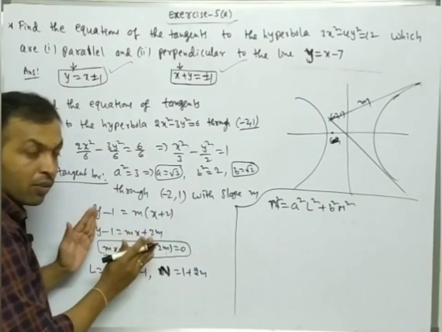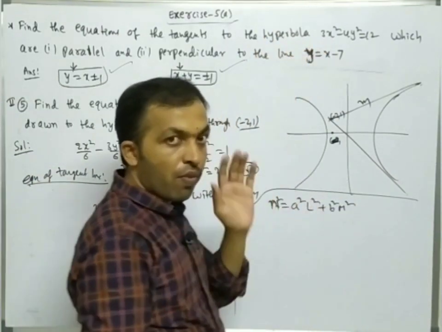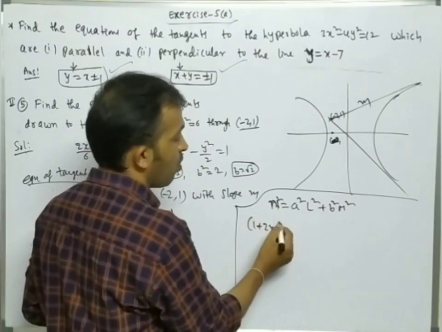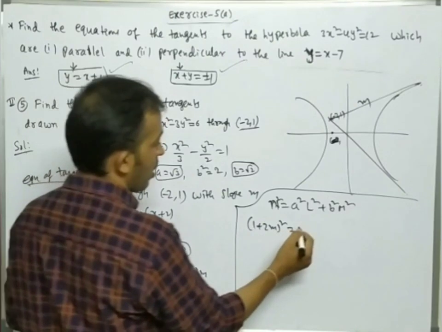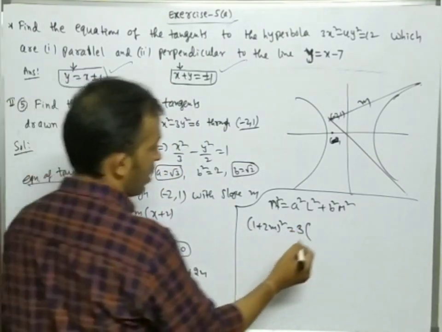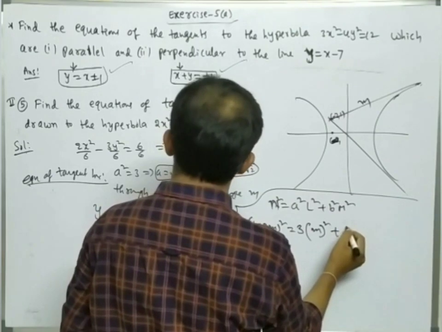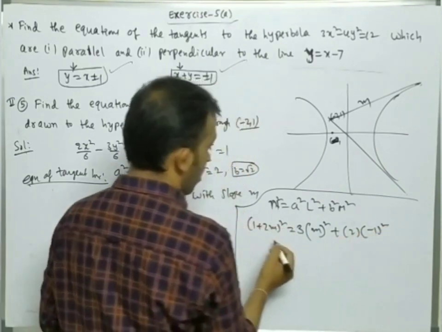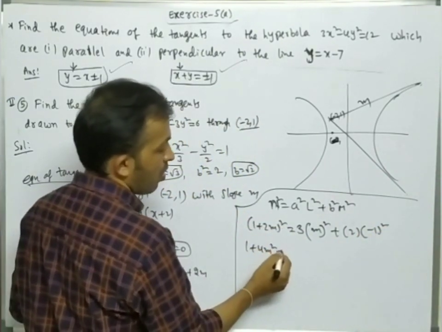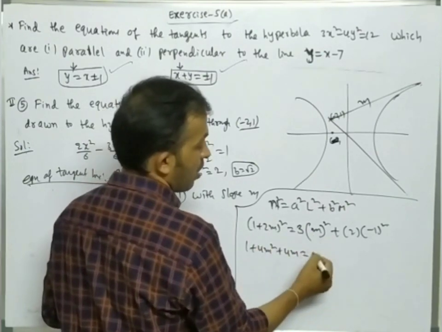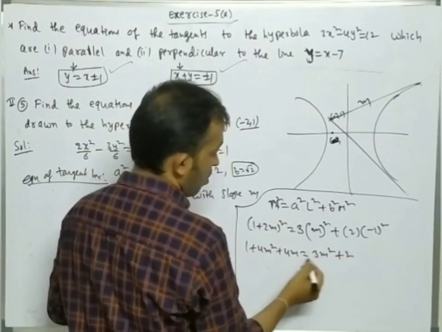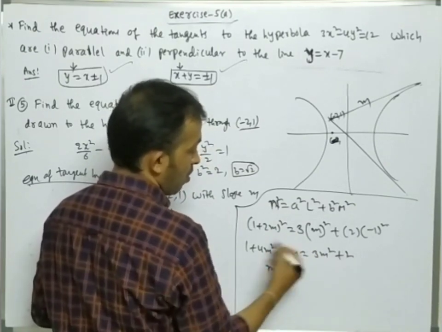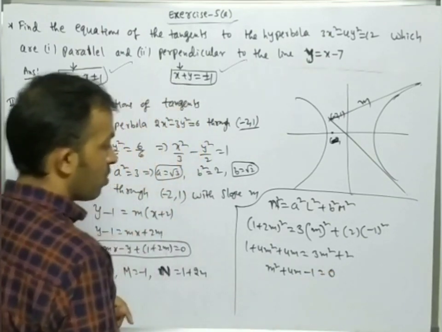This line should be tangent to our hyperbola, so it should satisfy this condition. n square, that is 1 plus 2m whole square, equals a square value 3 into l square, m square, plus b square 2 into minus 1 square. So 1 plus 4m square plus 4m equals 3m square plus 2. So rearrange the terms: 4m square minus 3m square, m square plus 4m minus 1 is equal to 0.